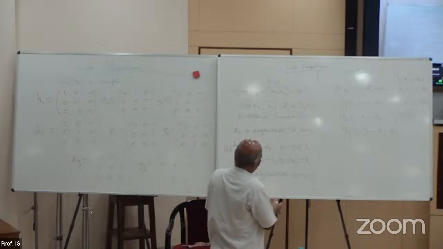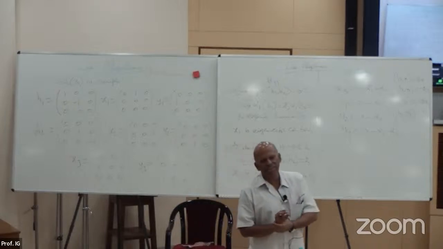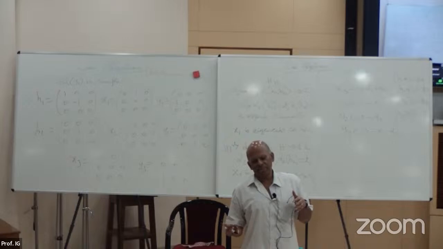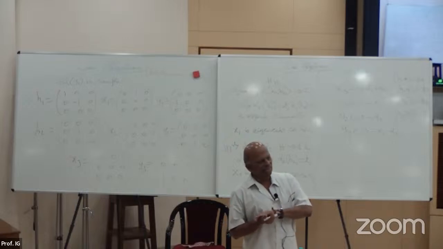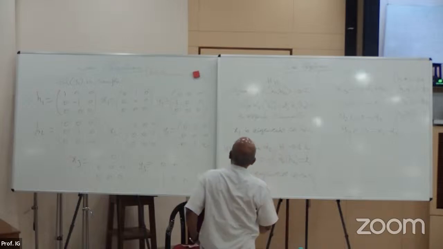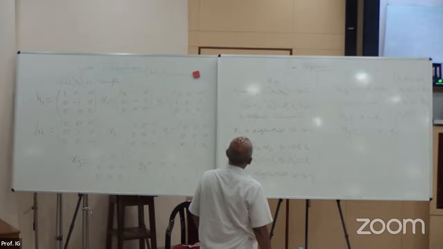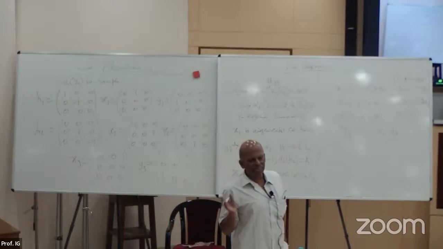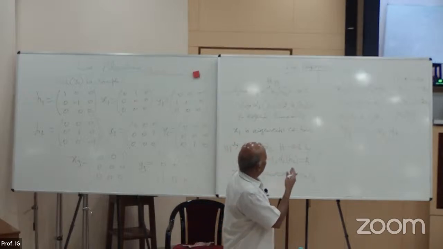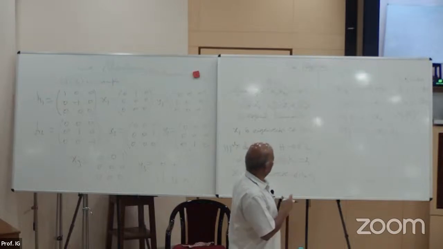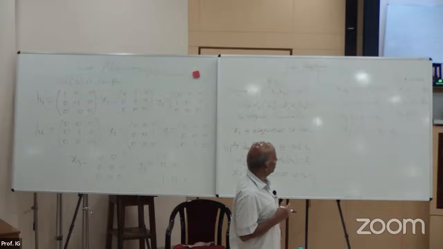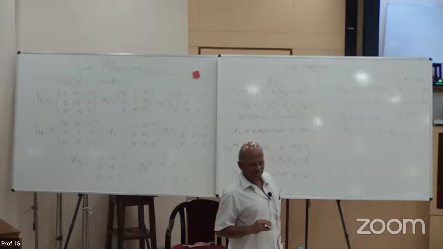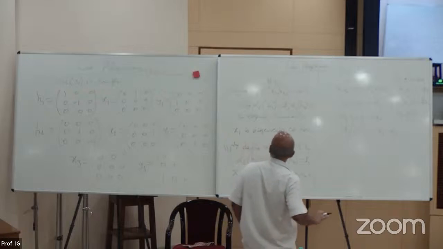We took the capital H to be the space generated by the diagonal matrices, and we have written down all these eigenfunctionals, alpha 1, alpha 2, alpha 1 plus alpha 2. Everything worked out nice. Only two things were needed, alpha 1 and alpha 2. X3 corresponds to alpha 1 plus alpha 2. Y1 corresponds to minus alpha 1. Y2 corresponds to minus alpha 2. Y3 corresponds to minus alpha 1 minus alpha 2.